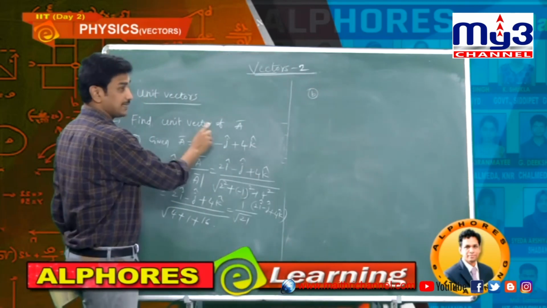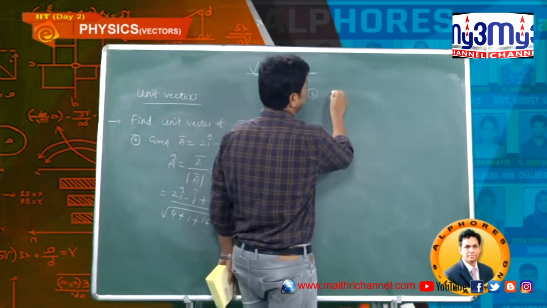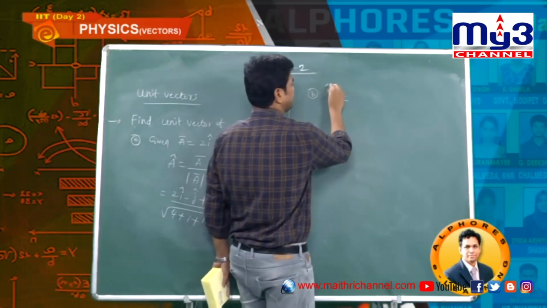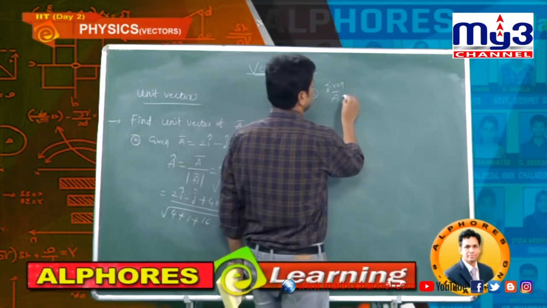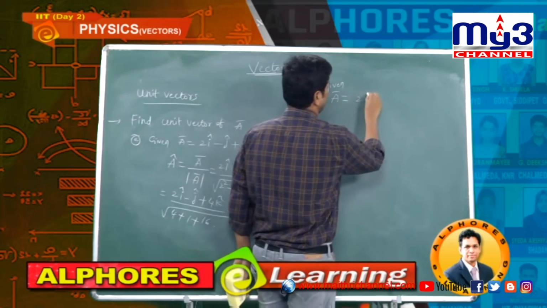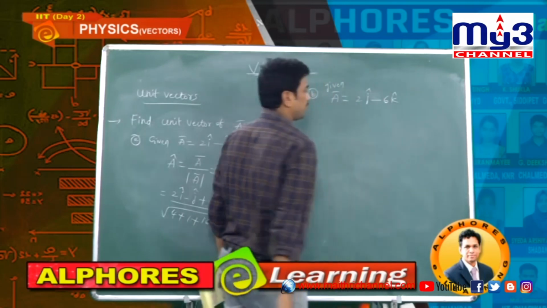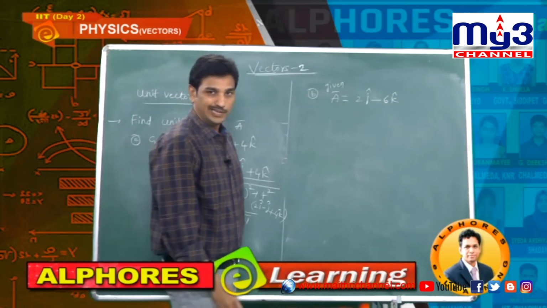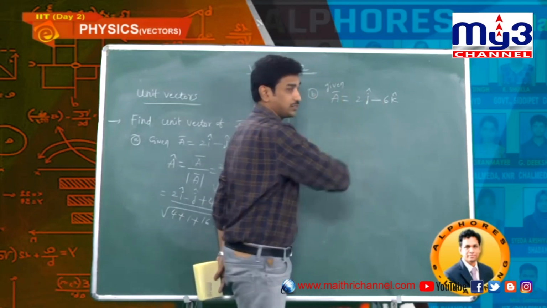Same thing, the heading is the same: unit vector of A bar. Now I will take A bar given in the question, A bar is equal to 2 j cap minus 6 k cap. Now you can feel it, this vector is in 2D because it has two components.